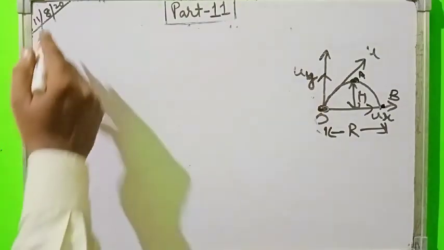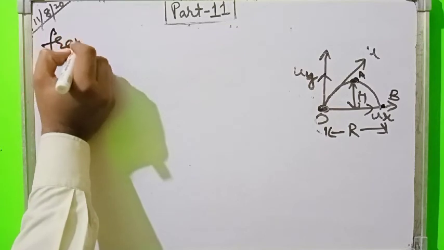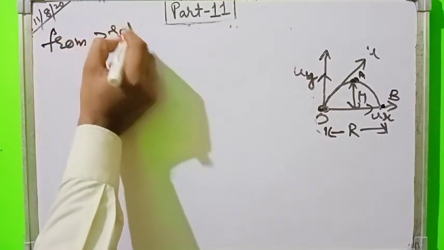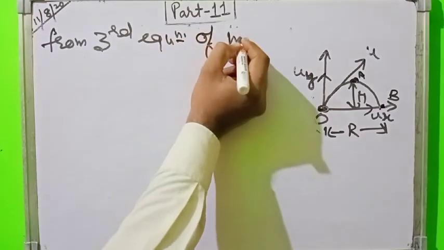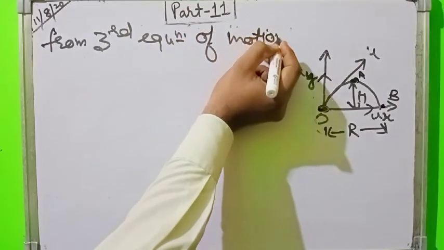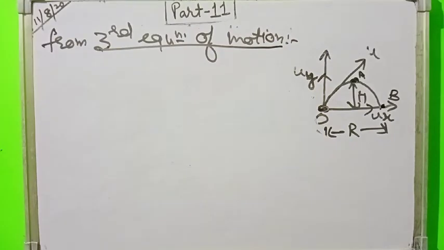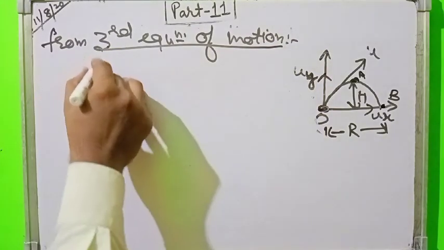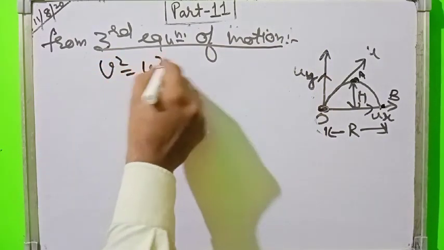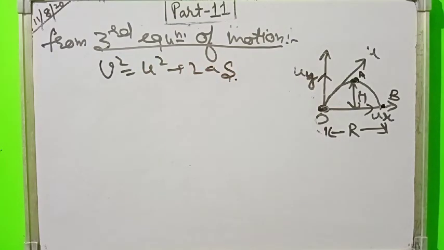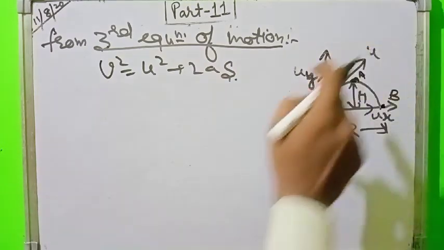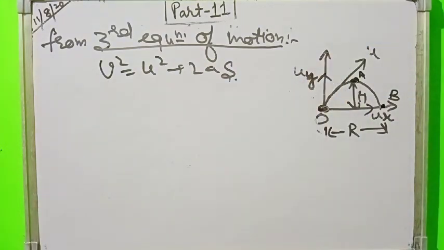From the third equation of motion, v square is equal to u square plus 2as. Since we have to calculate the maximum height, we have to take all the components vertical.